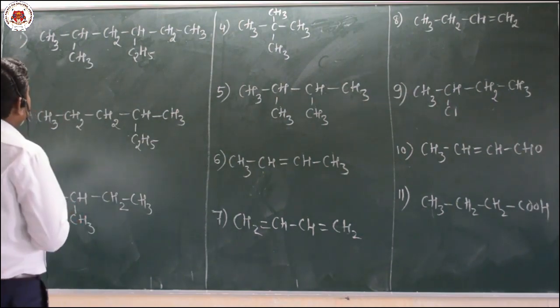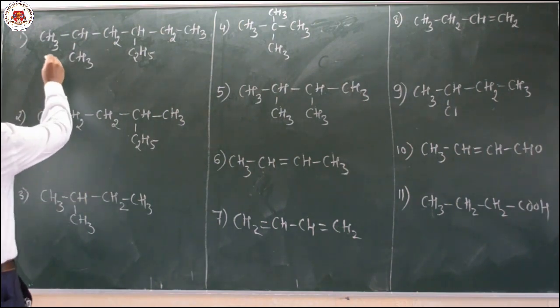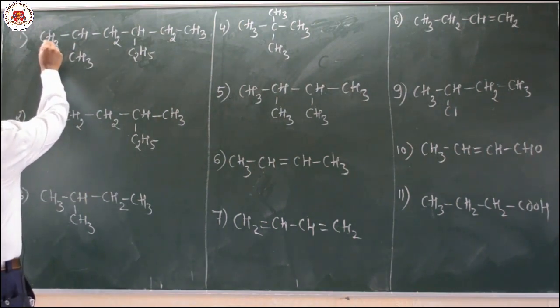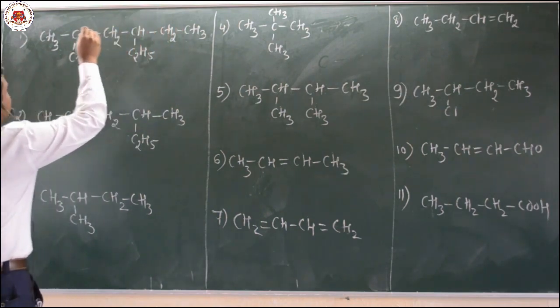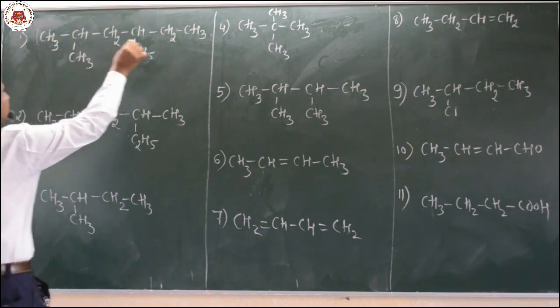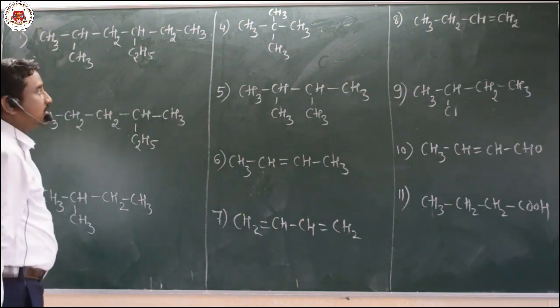So here I have written the first example. Here we have the longest chain, 1 2 3 4 5 6. After selecting the longest chain, that indicates the root word, the name of the root word.